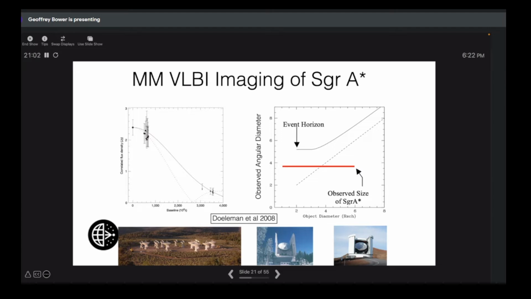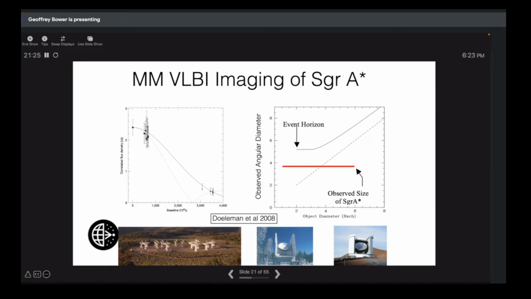And if you have a filled-in mirror, you're capturing all of the Fourier components, and that instantly gives you a perfect image. If you have a very large number of antennas, then you have some approximation of a filled-in mirror.